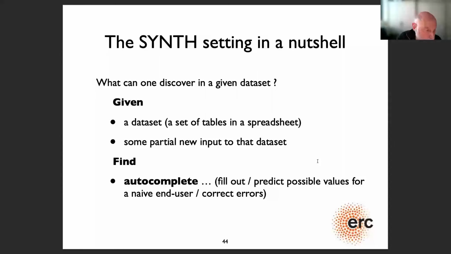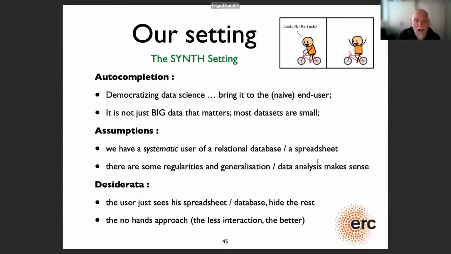And we do assume this naive end user in this regard. So the SINT setting is really trying to democratize it. It's really trying to bring data analysis to the level of spreadsheet users, who often have a lot of data. It's typically not the kind of big data that you view in machine learning, or certainly not in automated machine learning, because most of the data sets are small, but there are some challenging things in there.